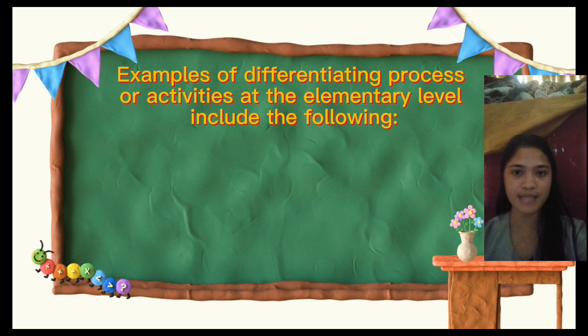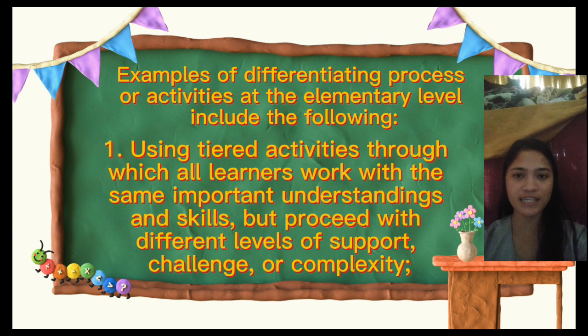And here are examples of differentiating process or activities at the elementary level, including the following: using tiered activities through which all learners work with the same important understandings and skills, but process with different levels of support, challenge, or complexity.